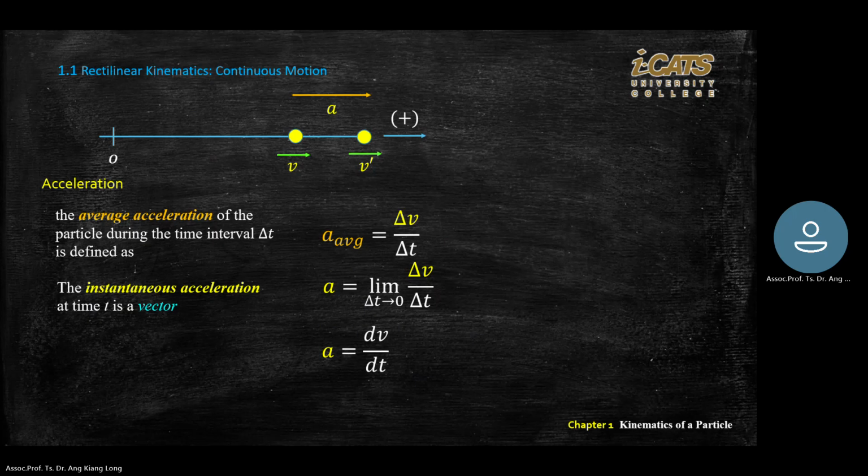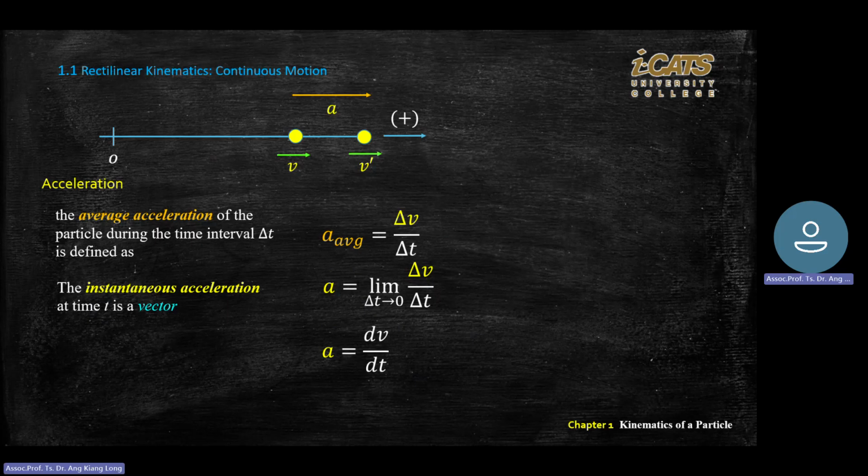Now just to summarize, for the test 1 answer, you don't need to write delta anymore. Straight away give me A equal to dv dt, v equal to ds dt. So for a chapter 1 question, straight away you write the equation. Definition of v, 1 mark. Definition of acceleration, 1 mark.